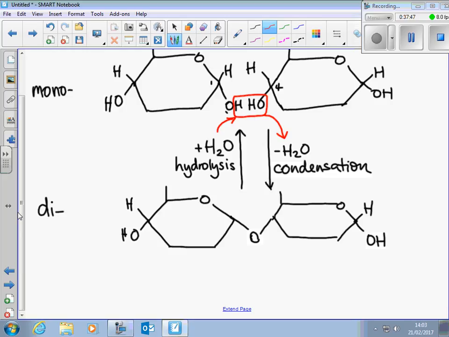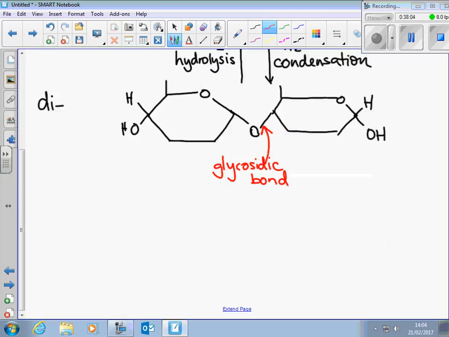So actually, if we're going to be precise, it is that, but it is sort of the whole join, if you like. But this idea of a glycosidic bond is between any sugar molecules that are joining together. Doesn't matter how many of them. And the next step we've got to consider is, what if we want to join together lots of them?